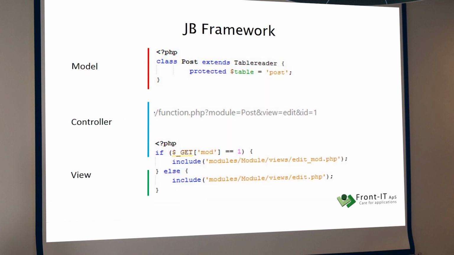So what I did is I have a class, it's the model on top. So I basically tell the application which table this class should use. And the controller is composed of the URL that shows which view to be used. So I can just create a regular link to that URL, and then that view will be displayed. And some parts of the controller is in the view, as I will show you later.